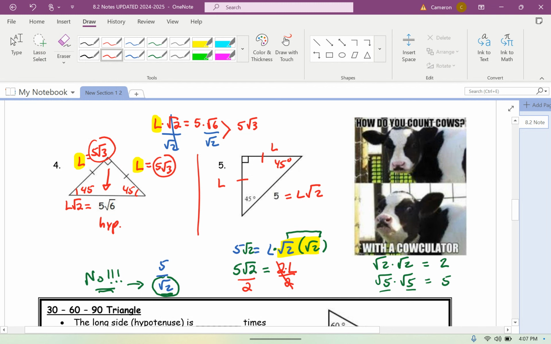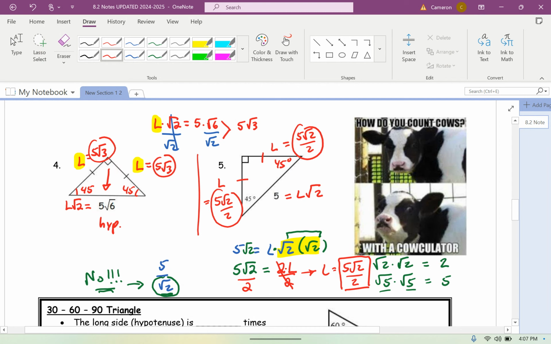And so I get L equals 5 rad 2 over 2. And you want to make sure that the coefficients in front, the 5 over 2, is simplified. In this problem, it's a nice simplified fraction. If it wasn't, you'd want to make sure you simplify it. So this would be 5 rad 2 over 2. And then since it's a 45, 45, 90, the other leg also has to be 5 rad 2 over 2.